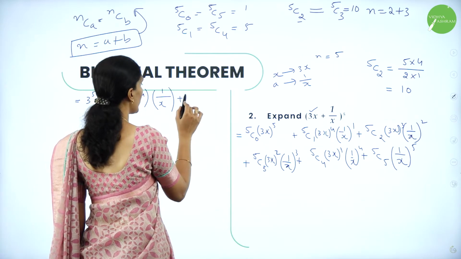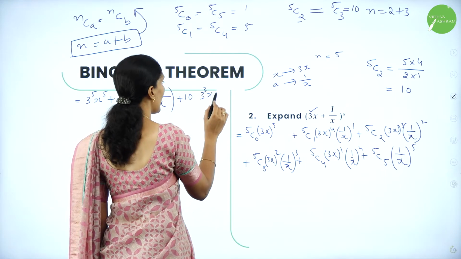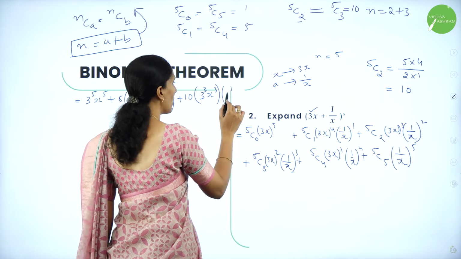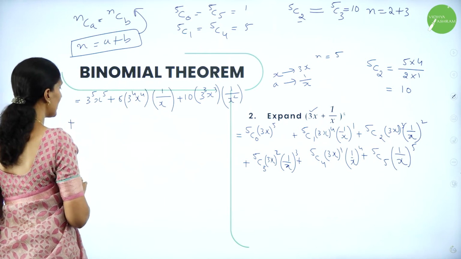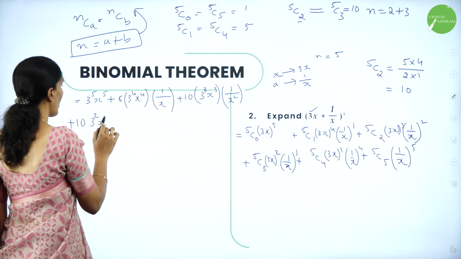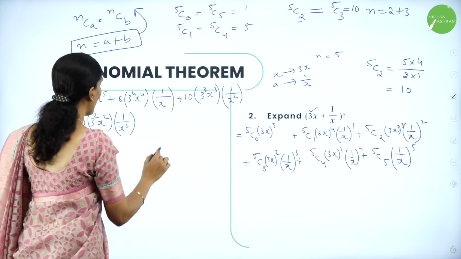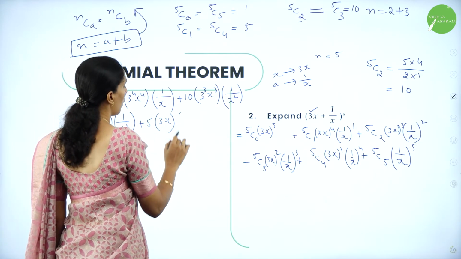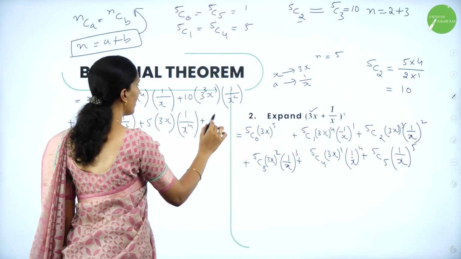Next 5C2 is 10, (3x) whole cube, we have 3 cube, x cube. Next (1/x) whole square, so it is 1 square, 1, and here it is x square. Next we have 5C3 which is the same, 10, 3 square, x square and here it is 1/x cube. 5C4 is 5, 3x, 1/x power 4, and finally the coefficient is 1 and here it is 1/x power 5.